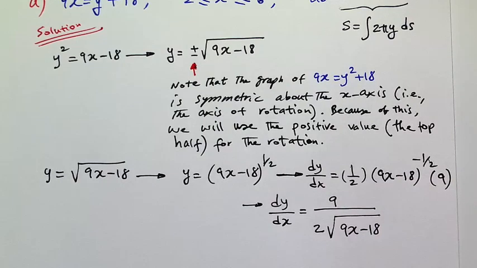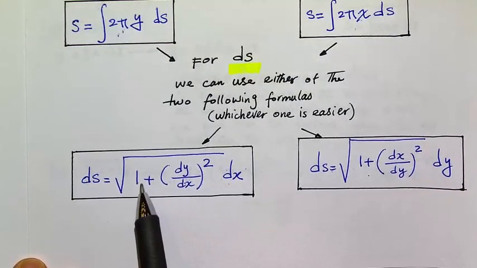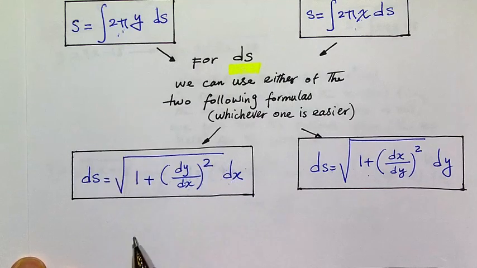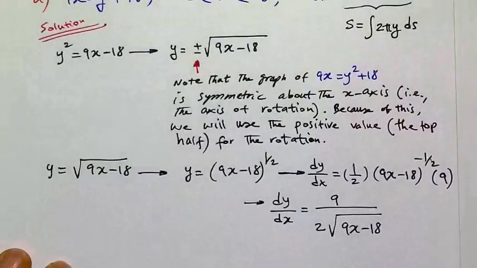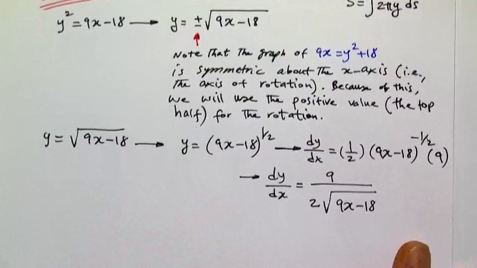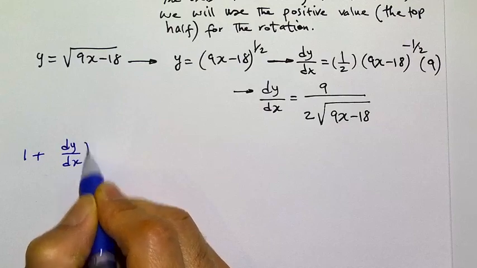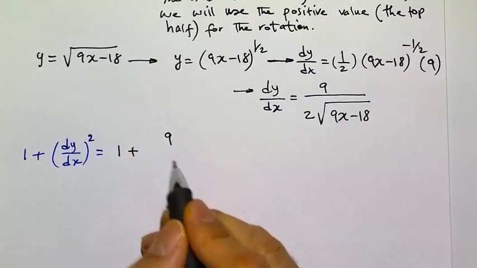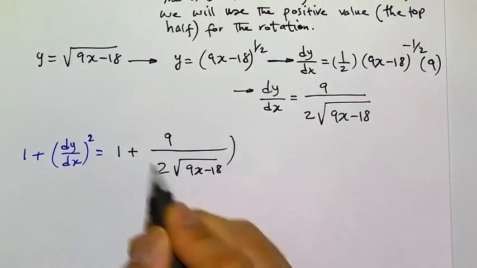Okay, so we found this portion of the ds formula, dy/dx. Now we're going to plug it in here. We're going to calculate 1 plus that squared, and then take the square root of it when we plug it back into the formula. So 1 plus dy/dx squared would be equal to 1 plus all of that squared.